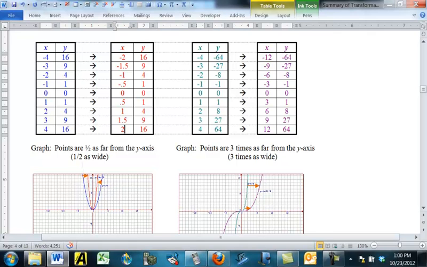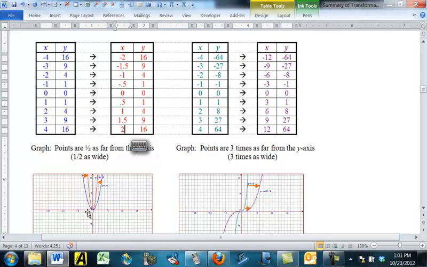Now, if this was the top of the function and it didn't have the arrows going on forever, then notice that the range here is from 0 to, well, somewhere between 11 and 12, and it's going to be the same range for the new one, but the domain is half as big.